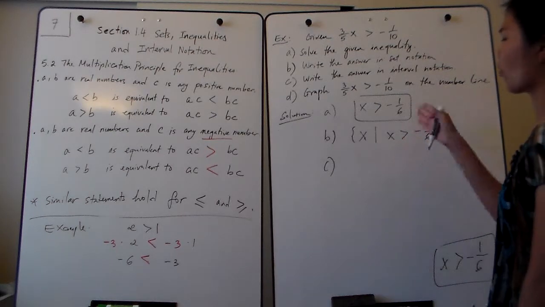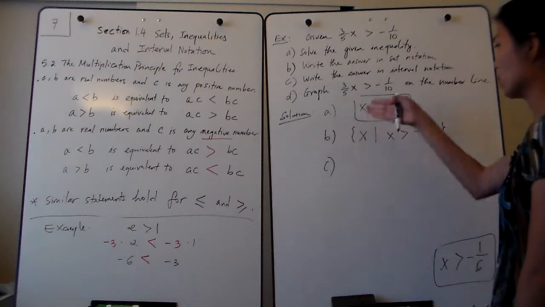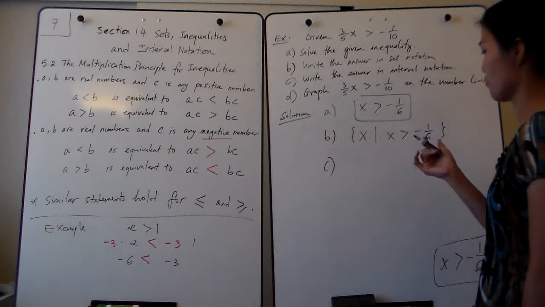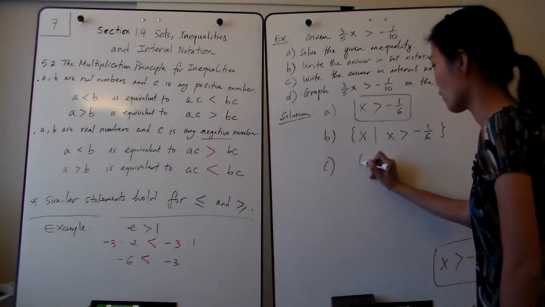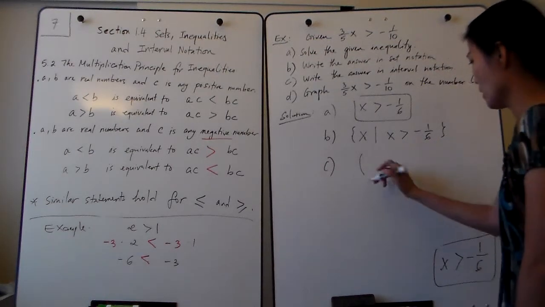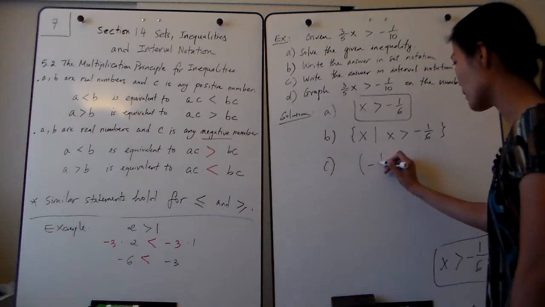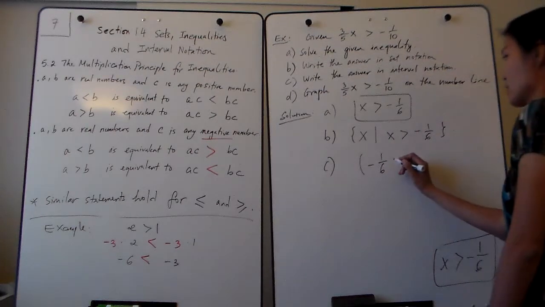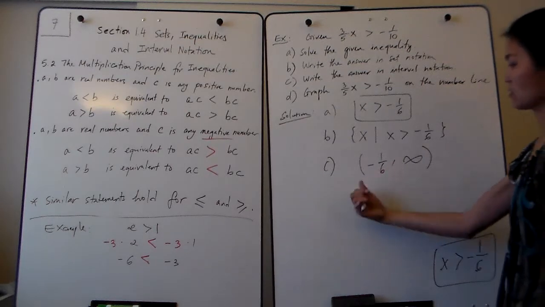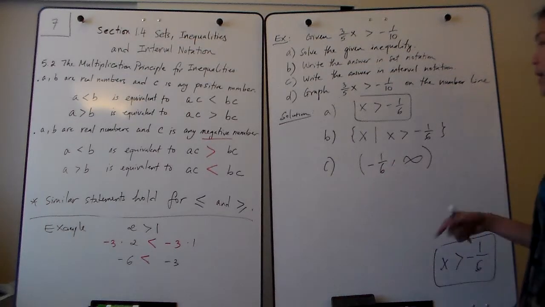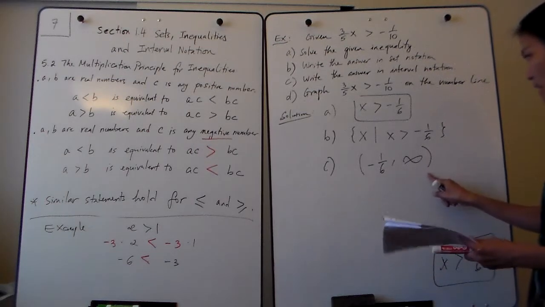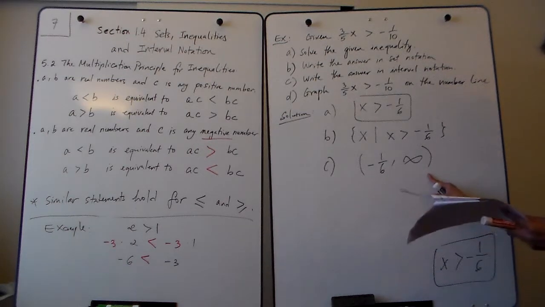So x is greater than, so it means starting from the endpoint negative 1/6 on to the right. So we're going to use parentheses because there's no equal sign right here. Parentheses, negative 1/6, greater than, right? So it's going to extend to the right, increase to the right. So positive infinity. Yep, so this is the answer for part C.